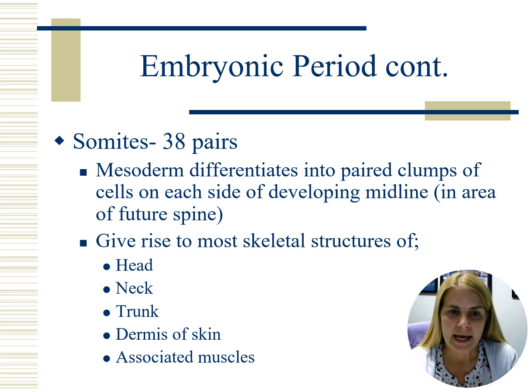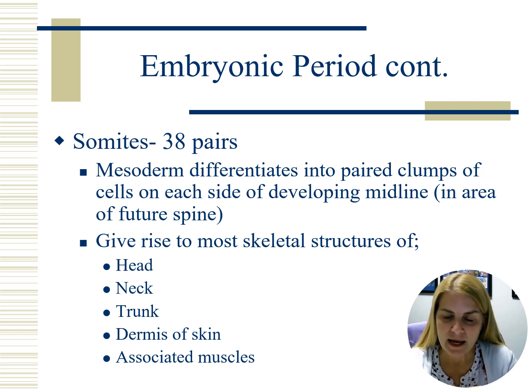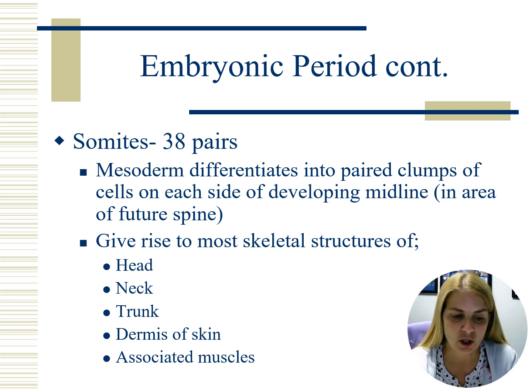When we look at connective tissue, and that's fibrous, loose areolar, adipose, hemopoietic, bone, and cartilage, all those middle layers, they derive from mesoderm, which came from the somites, which were clumps of mesoderm on each side of the neural tube that will become connective tissue structures.